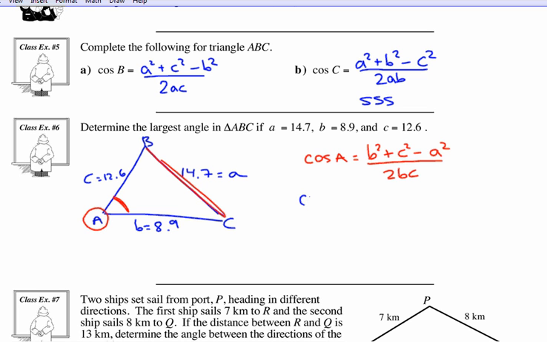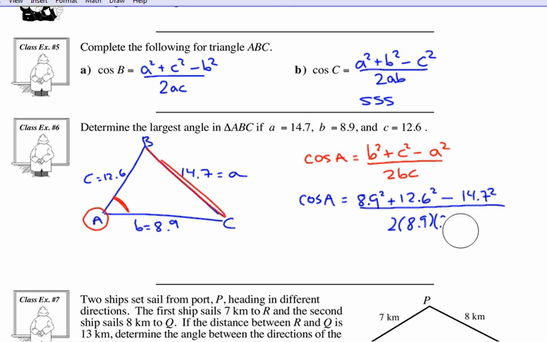Plug in: cos of A is equal to 8.9 squared plus 12.6 squared minus 14.7 squared, all divided by 2 times 8.9 times 12.6.